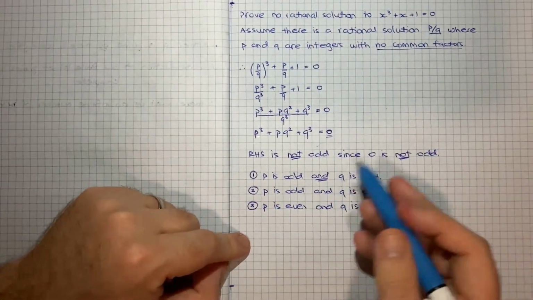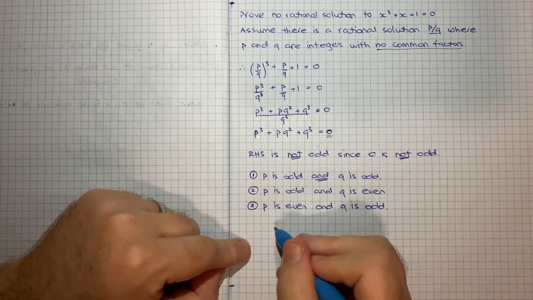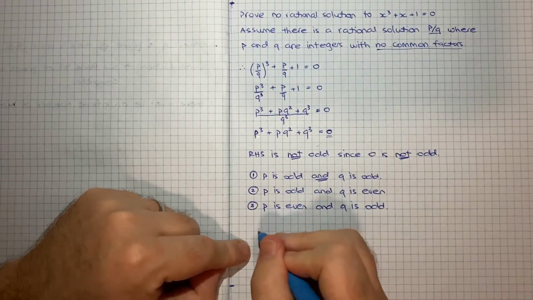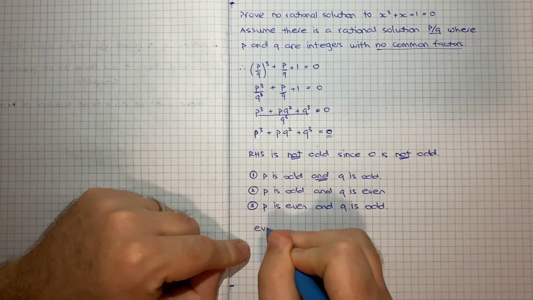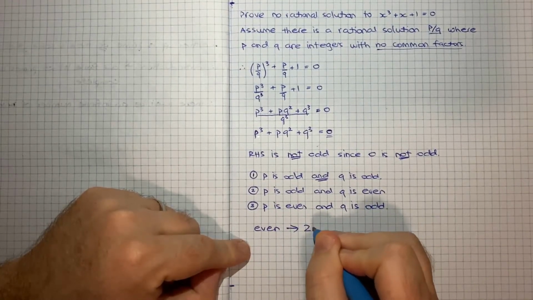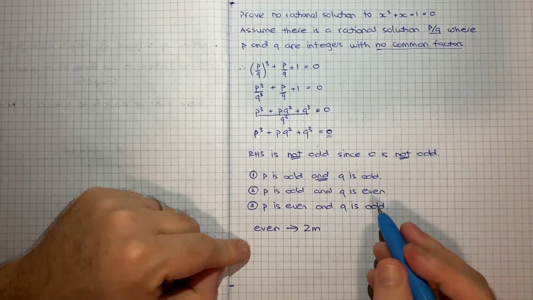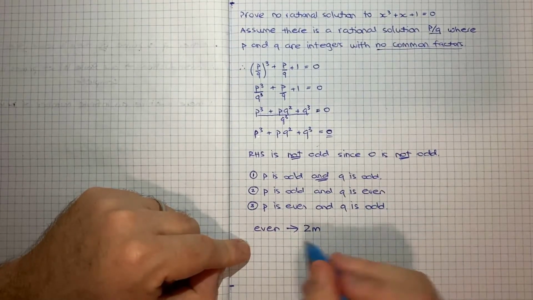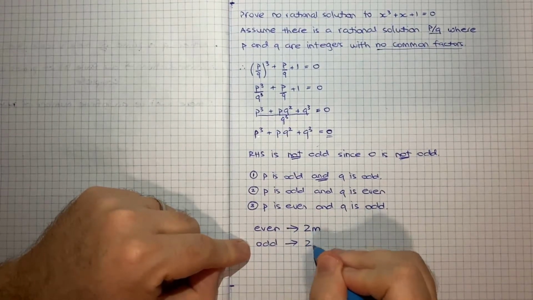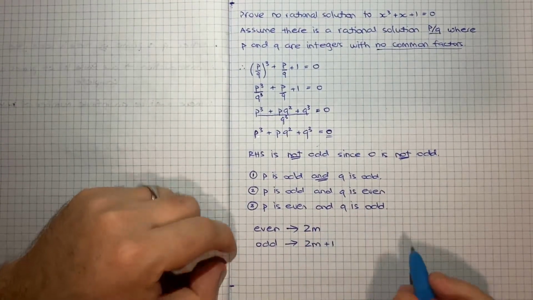Now, in dealing with odd and even numbers, we'll go back to first principles, where we can say an even number can be written in the form 2 times m, where m is just some integer, and an odd number can be written in the form 2 times m plus 1.